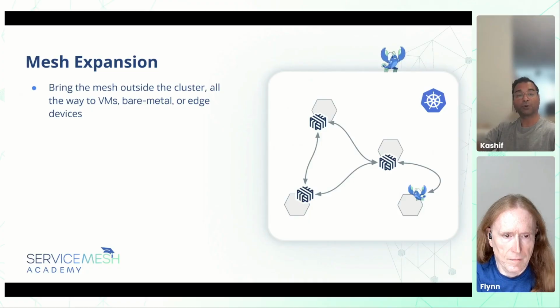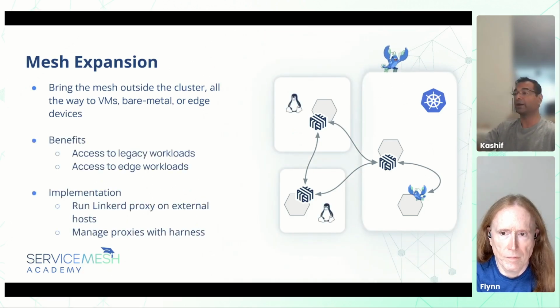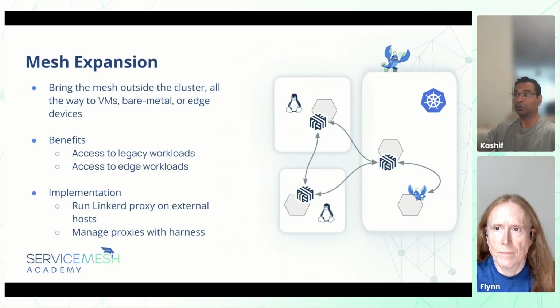It's a way for VMs or bare metal devices or edge devices to collaborate with all the services inside the cluster and join the mesh. It brings a lot of benefits for legacy workloads or edge devices that can't be containerized and put in a cluster, to still get all the benefits that come along with the service mesh.